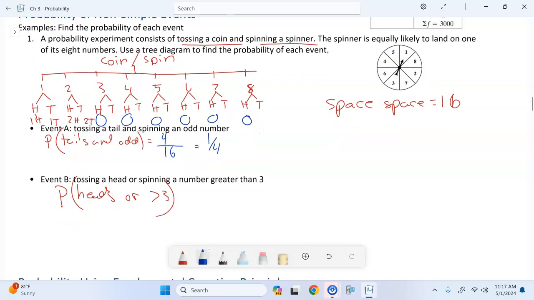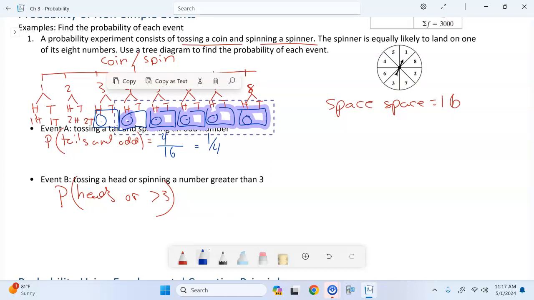Ooh, more than that, because both of those are greater than 3. Okay? So we need to look at combined. We don't want to double up because I'm already counting all of these heads right here.